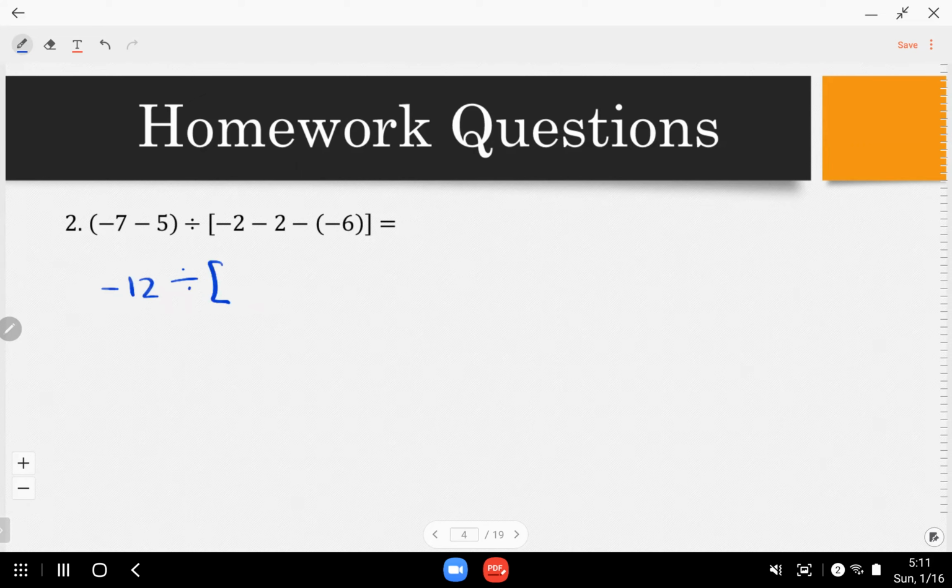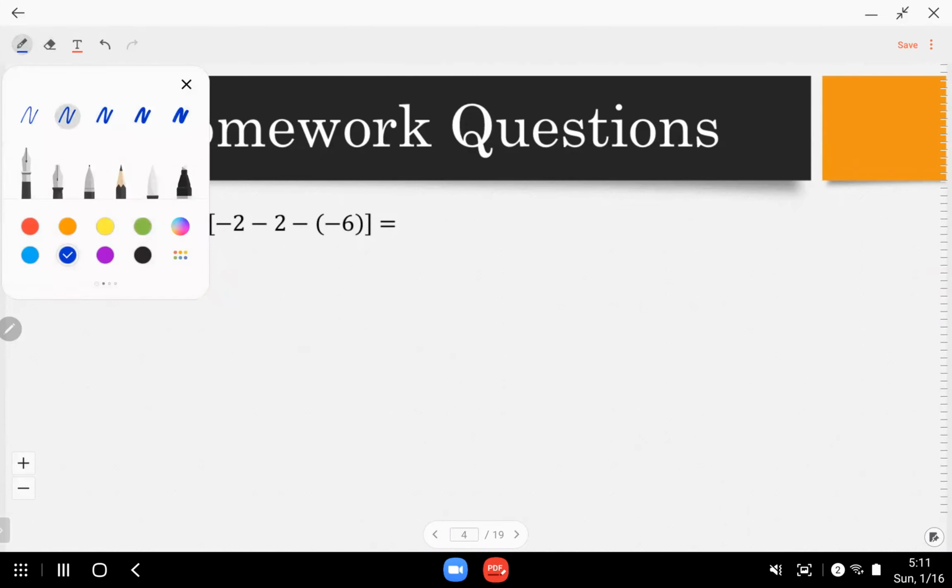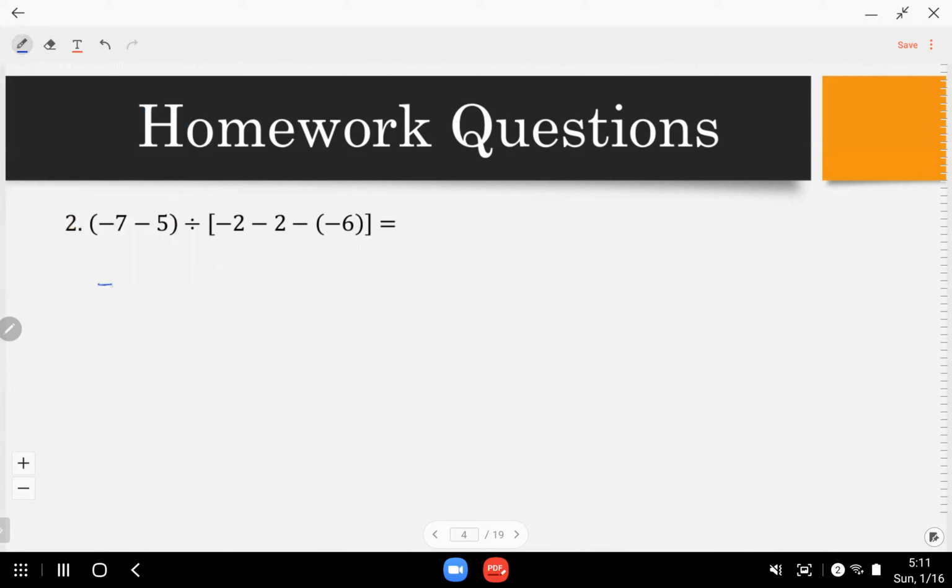So -12 divided by -2 minus 2 minus -6. Now, I know there's a parenthesis here, but don't be fooled by this. Usually when we minus or subtract a negative number, there's going to be a parenthesis around it, because that's how we write these negative numbers. So let me adjust the width of this pen first. Let's go back. All right. Don't pay attention to this parenthesis first. You don't need to do -2 minus -6 first, because they're all subtraction or addition, right?